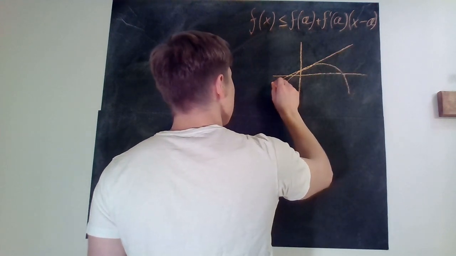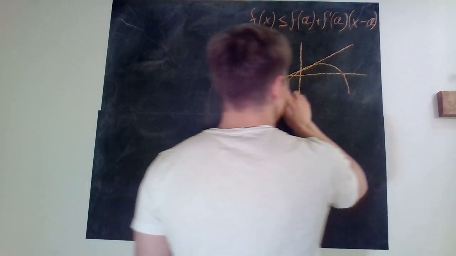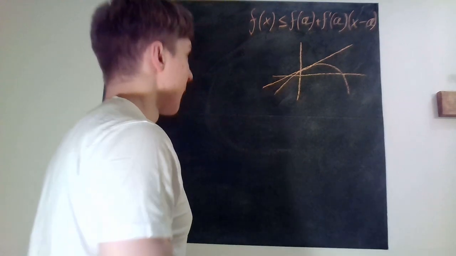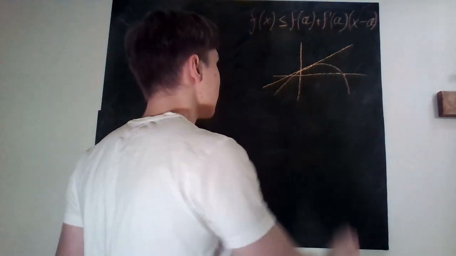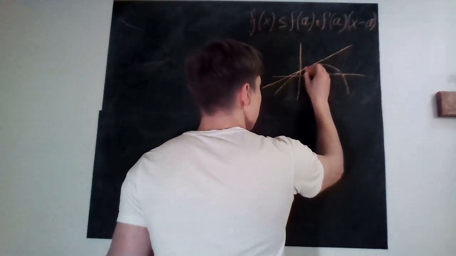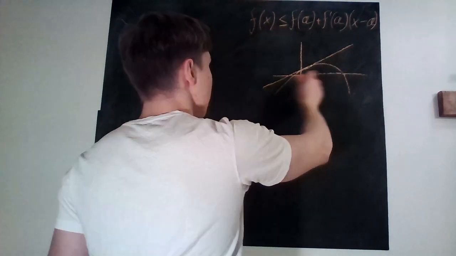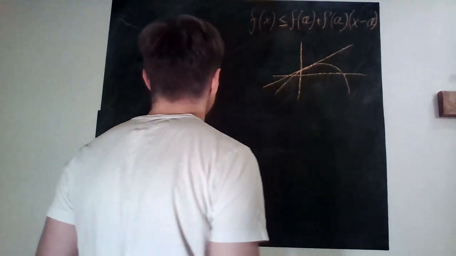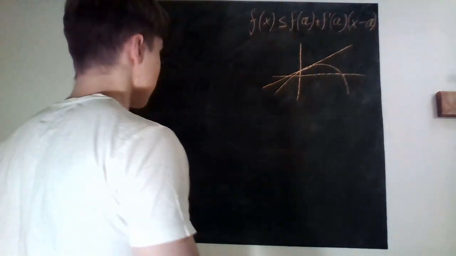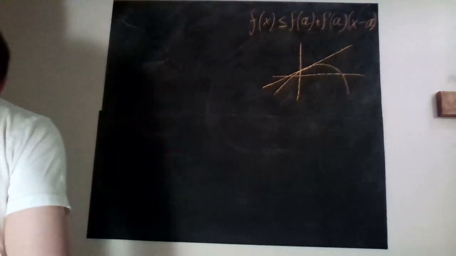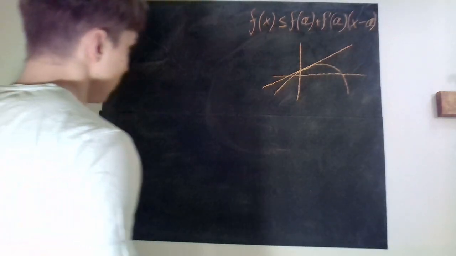You get the tangent line of that function in that point. And here, as you can see, they're equal at precisely the point I chose, but at all the rest, everything is below this graph. So yeah, that was the mental image, and now for the actual proof.